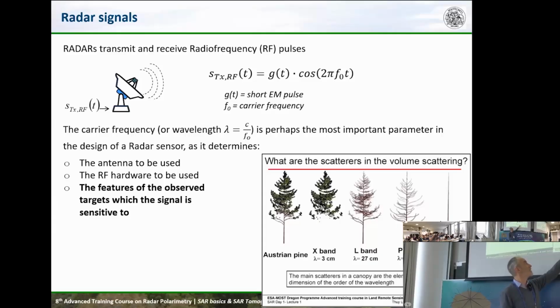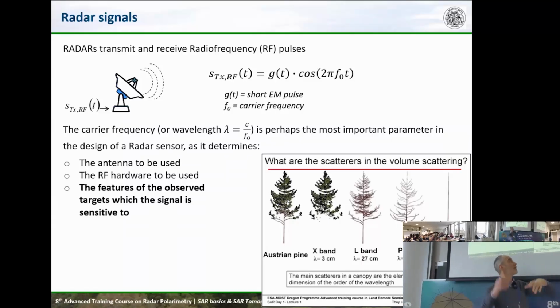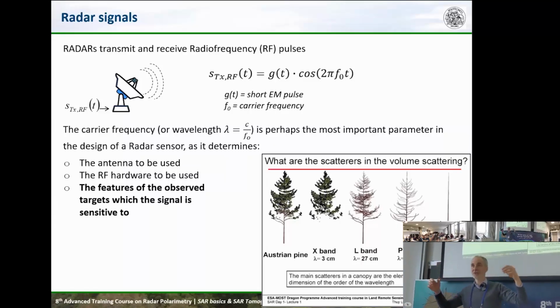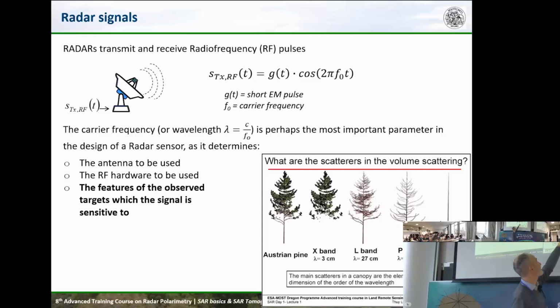If you use an X-band system from above, then you are quite likely just sensitive to smaller leaves, because the wavelength is 3 centimeters at X-band, and so typically you are sensitive to objects that compare with your wavelength. So at X-band, let's say that you are sensitive to the top of the trees.